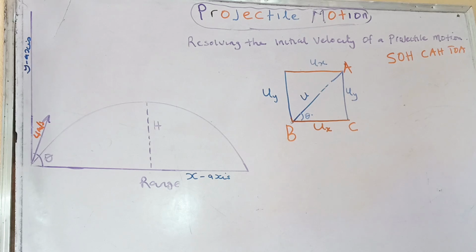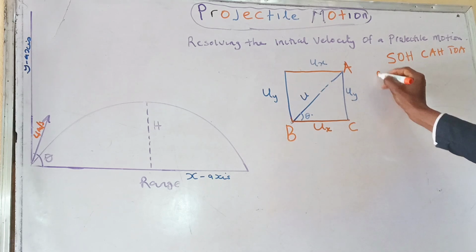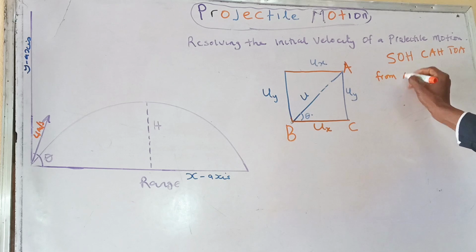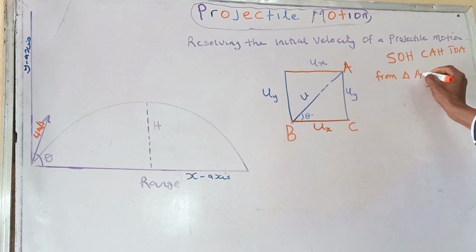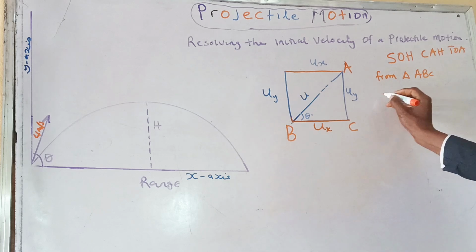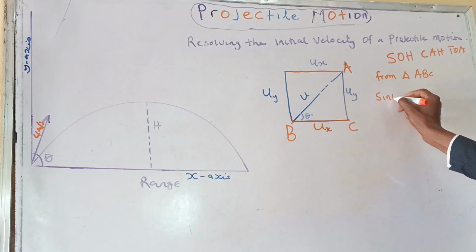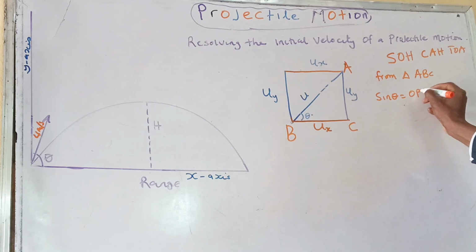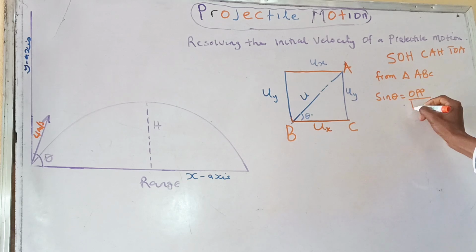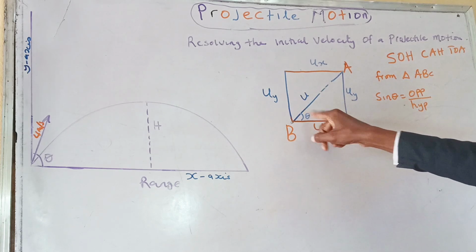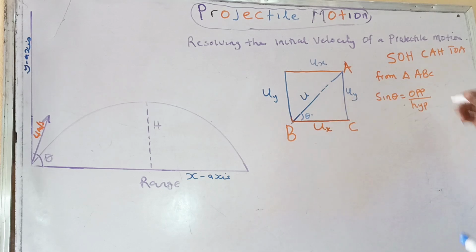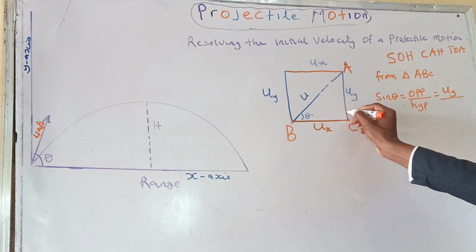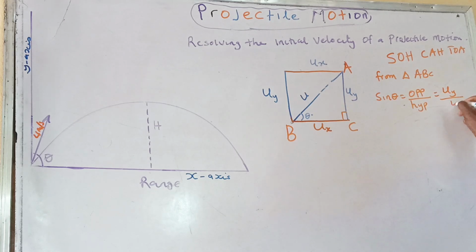From triangle ABC, sine theta is equal to opposite over hypotenuse by definition. And from here, the opposite side to angle theta is uy, and our hypotenuse, which is the side opposite the 90 degrees, is u.